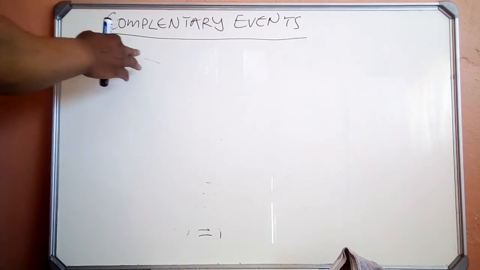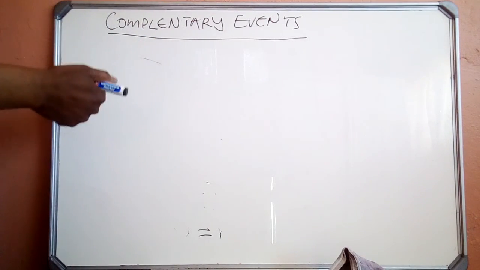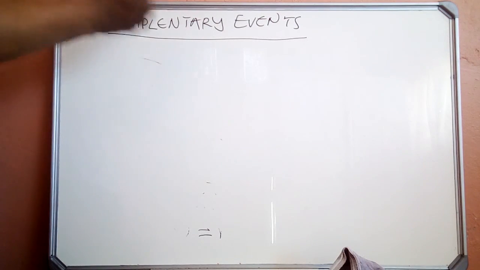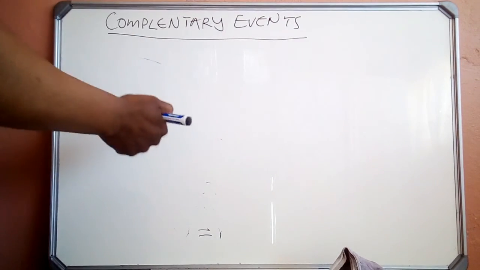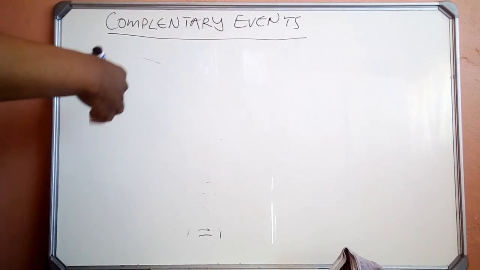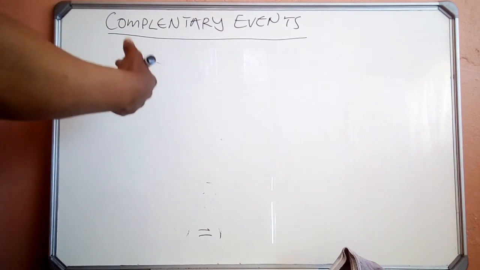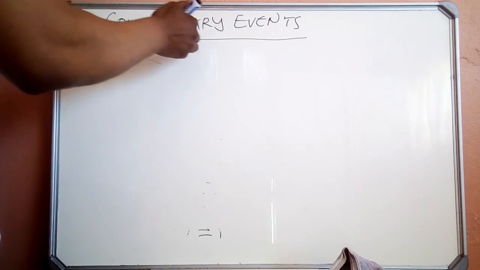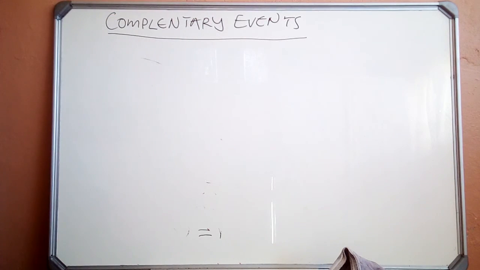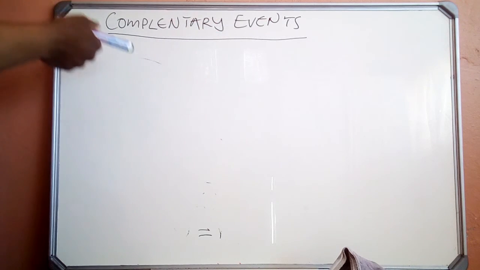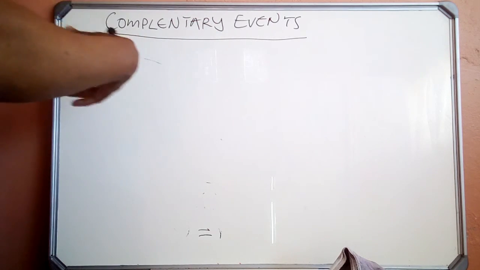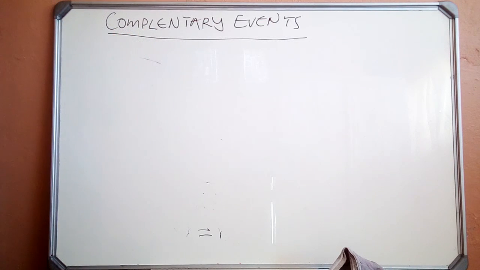It's something that completes an event, or it adds what's missing to make up the whole. That is to complement, to add what is missing to make something whole. So therefore, complementary is an adjective of complement, meaning that it's an event that completes or adds to another event to make up the whole sample space.